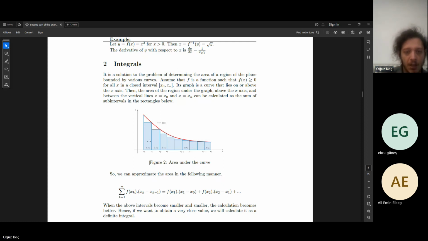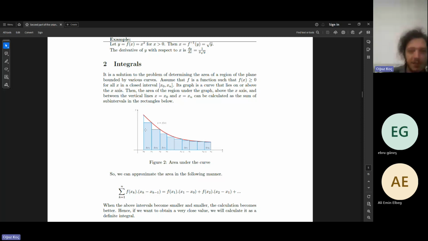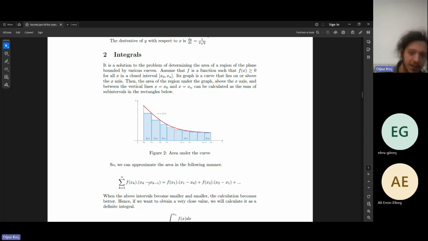We have n parts. We just multiply the value of f of x0 with the base, which is x1 minus x0. This is the area for the first rectangle, and then we calculate the second, third. It goes like this, and when we sum them up, we get an approximation for this area.